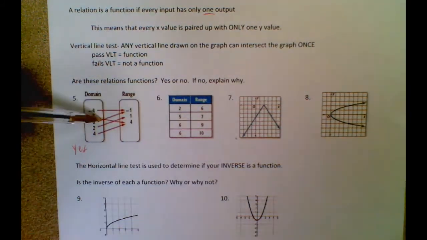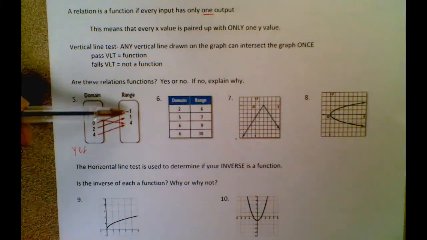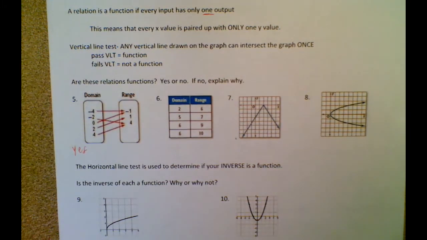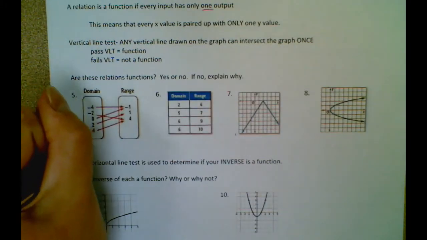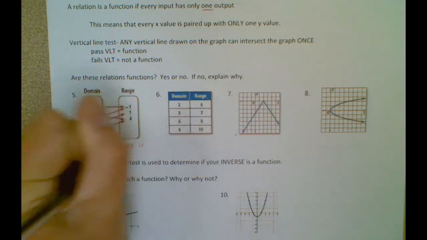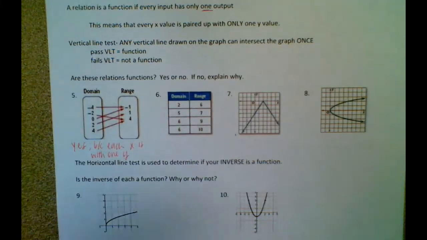So even though these x's both go to 1, it's okay. You just can't have like -4 going to 2 different y's. All right, so just be careful there. So you can say yes because each x is with one y.